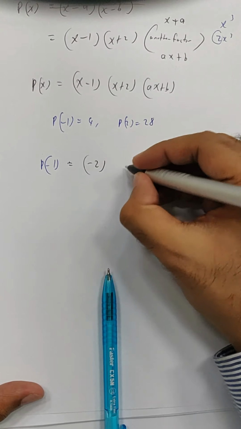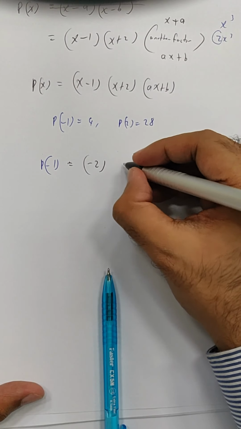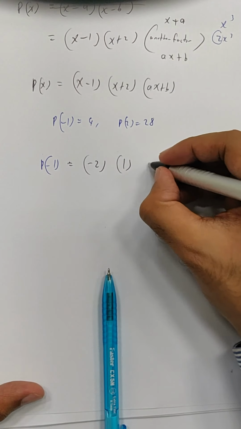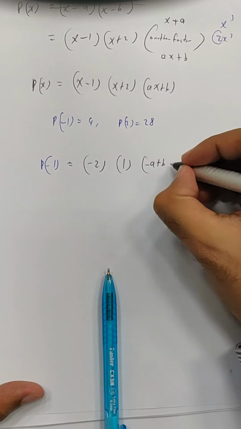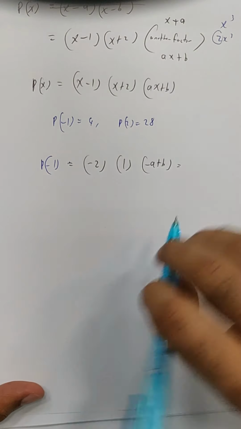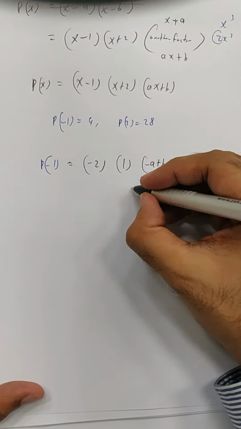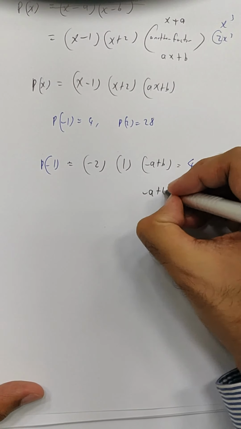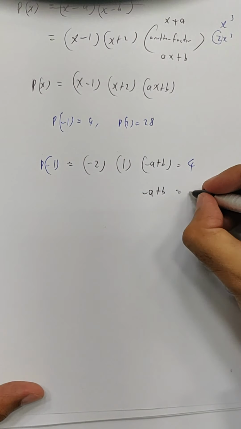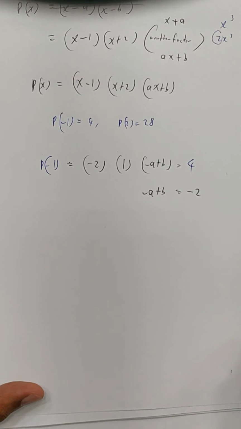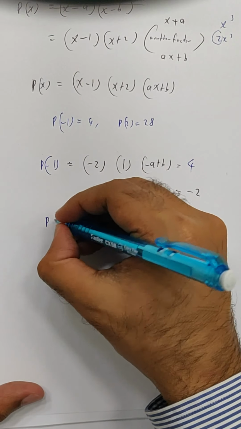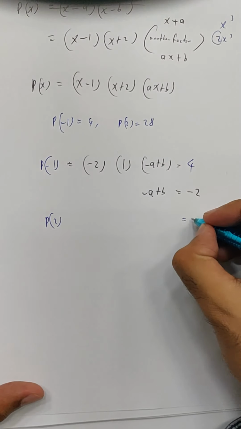Negative 2 times 1 times negative a plus b equals 4. We can simplify: negative a plus b, I bring this to the other side, I get negative 2. And the other one is P(2), 28.